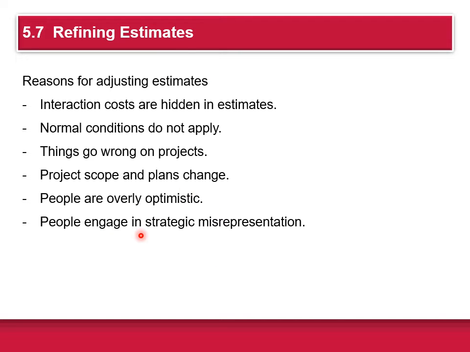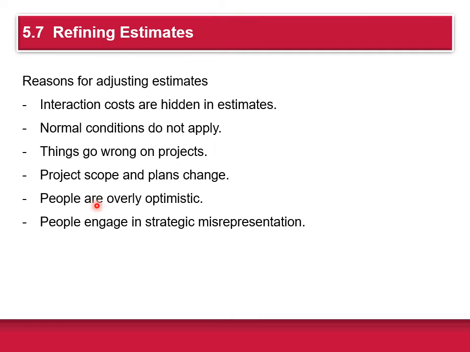So there are a lot of reasons for when you might go in and refine an estimate. There's a lot of interaction, and costs are hidden in the estimates. If the normal conditions do not apply, you might have to go in and refine the estimates. Things can often go wrong on projects, which leads to refining estimates. If the project scope or plans change, obviously that's going to change the estimate.